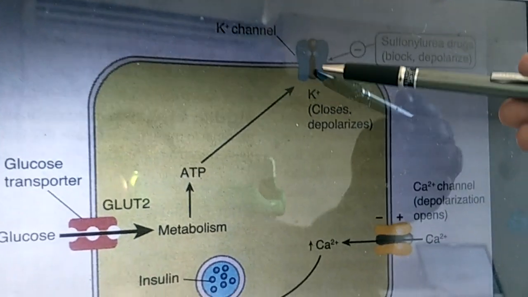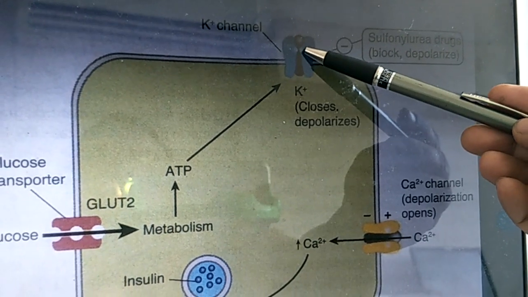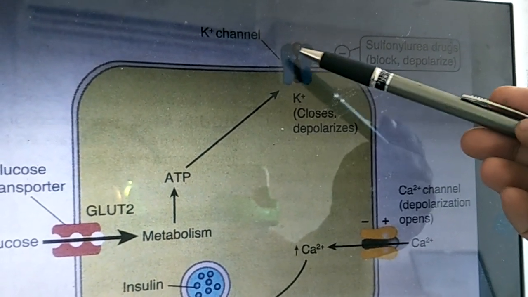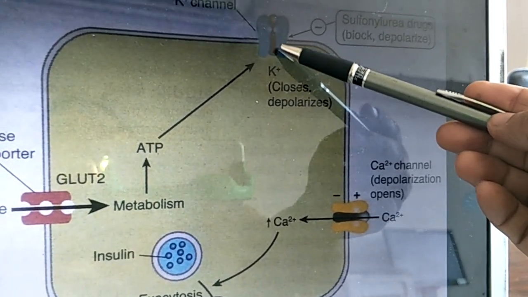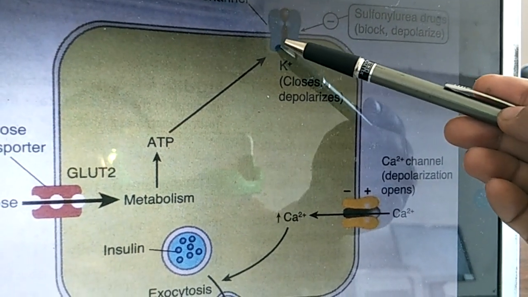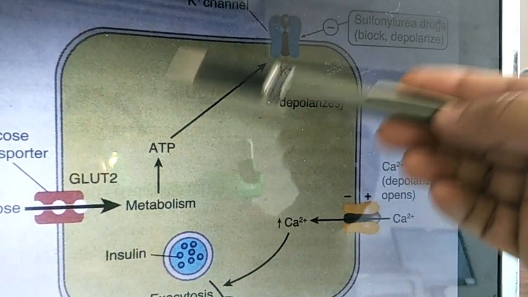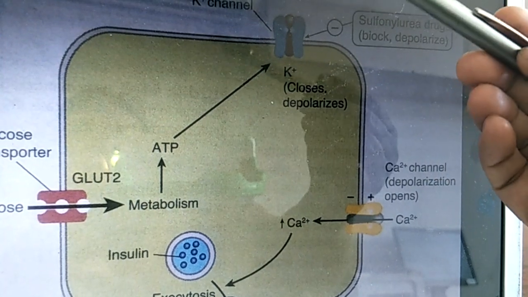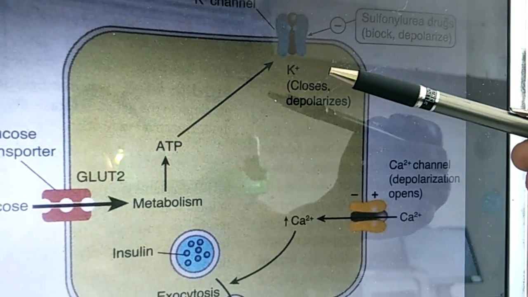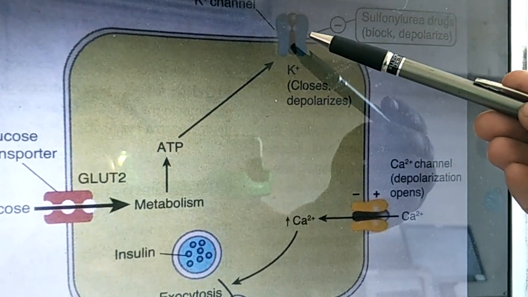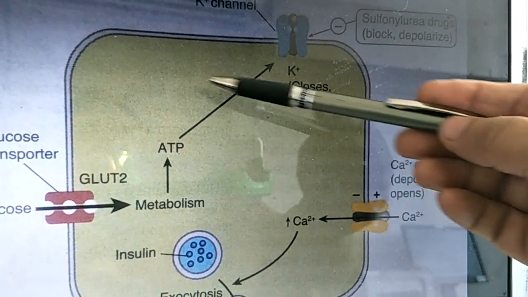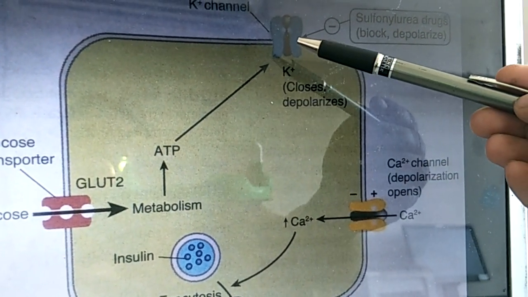Try to concentrate on this point: the potassium channel regulated by ATP is present in the beta cell, and is closed by ATP. When ATP levels are low, this channel remains open, and when ATP levels are high, this channel closes.